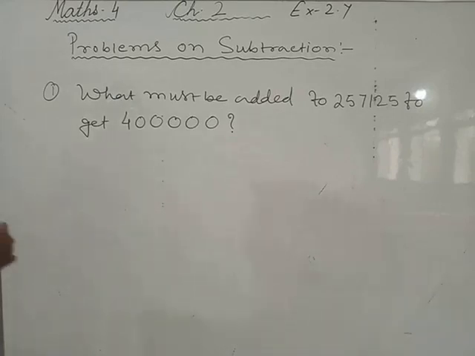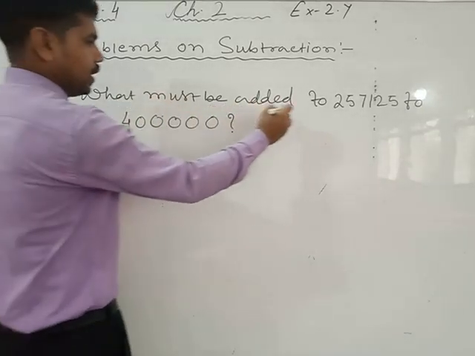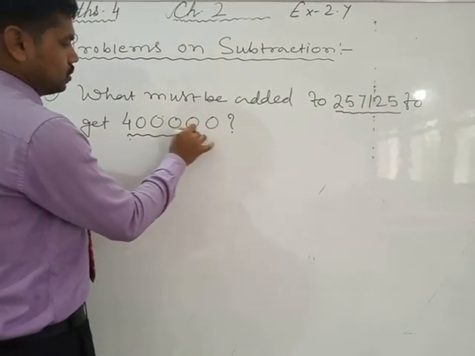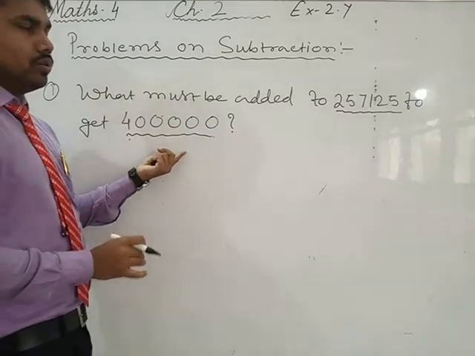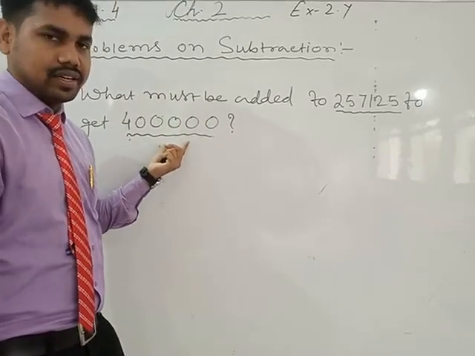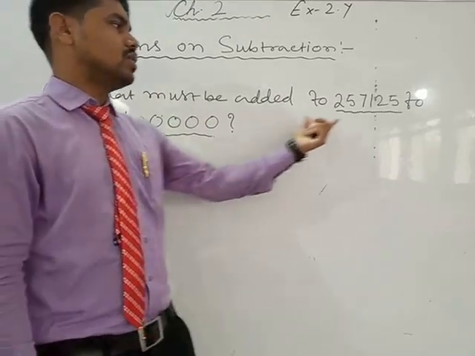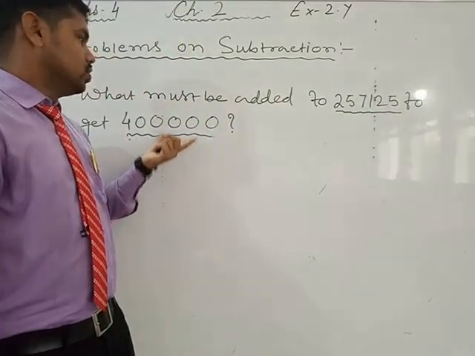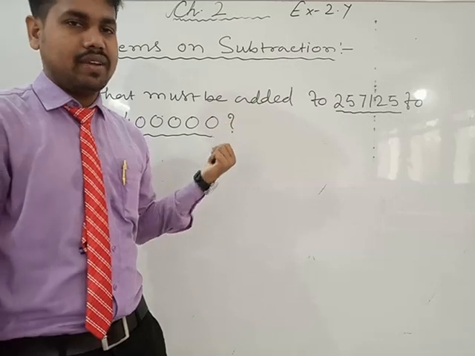Next question: what must be added? How much should we add to this to get this? That also means the sum is given, the sum is this much. So how much should we add to this number so that we will get this? Same as the question I discussed earlier.